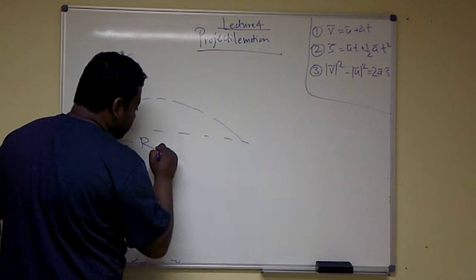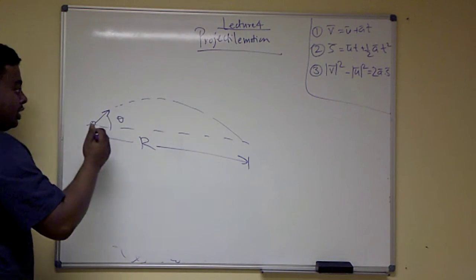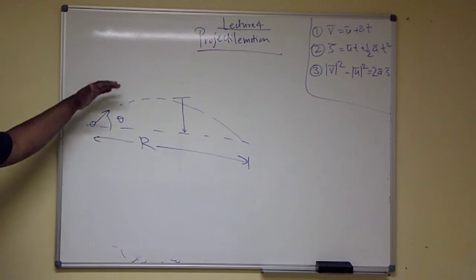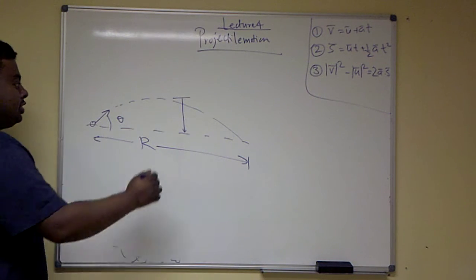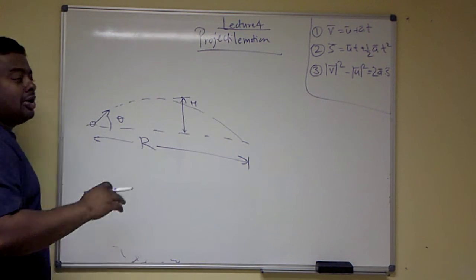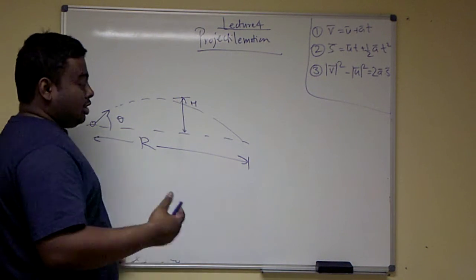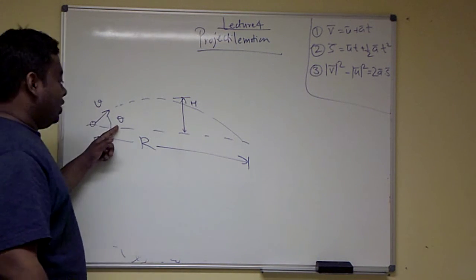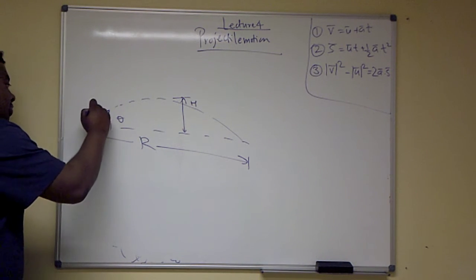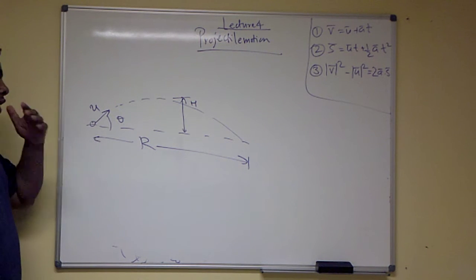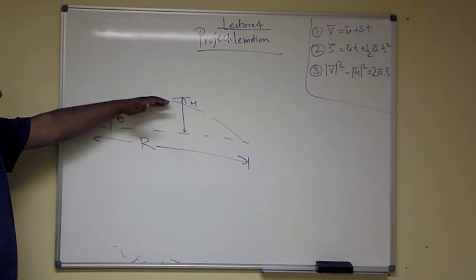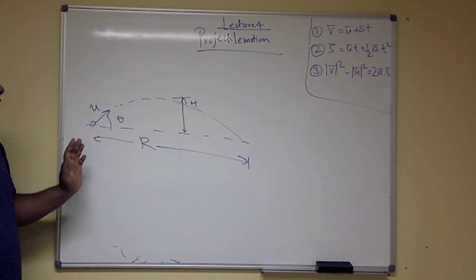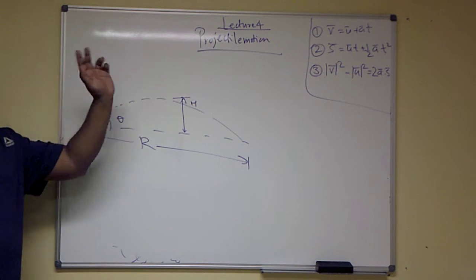That distance is called the range in the horizontal direction, and in the vertical direction, the maximum height this shot put goes to is H. Basically, what we are interested in is that if I have been provided with an initial velocity u at an angle theta, what will be the maximum height of the shot put I can achieve, and what is the maximum distance from the initial place from where I'm throwing that the object will hit the ground.